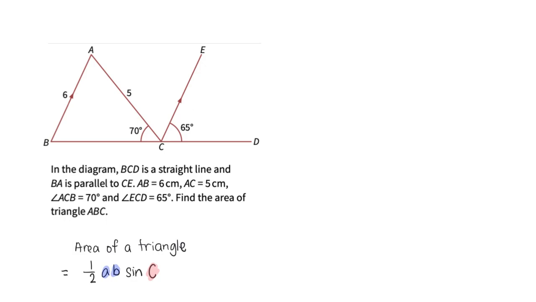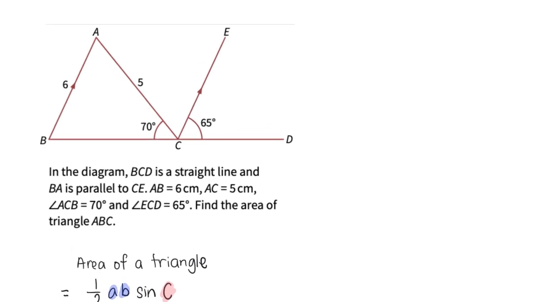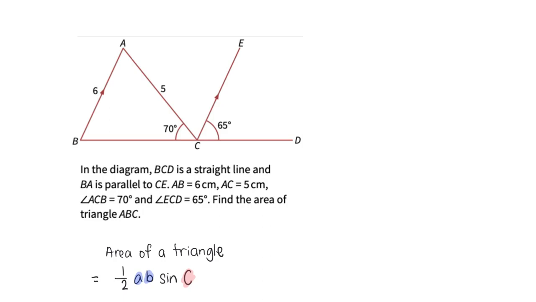We also know that to find the area of a triangle ABC, if we have 2 sides, in this case we could use 5 and 6, and if we know the included angle, then we can apply the formula immediately.